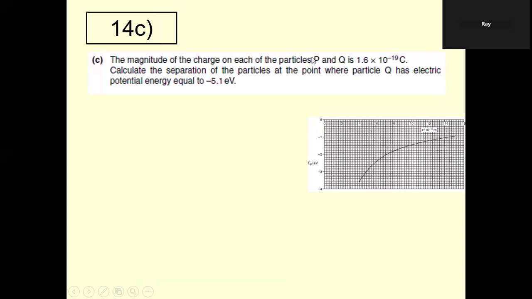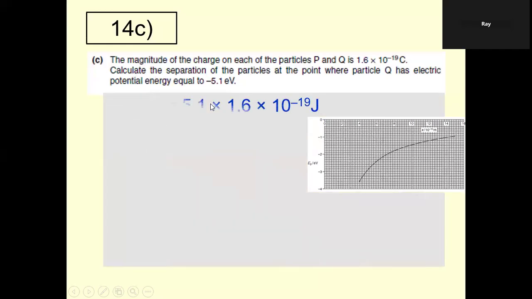Magnitude of charge on each of the particles P and Q is 1.6 times 10 to the power minus 19 coulomb. Calculate the separation of the particles at the point where particle Q has electric potential energy of 5.1 electron volt. That's the energy.